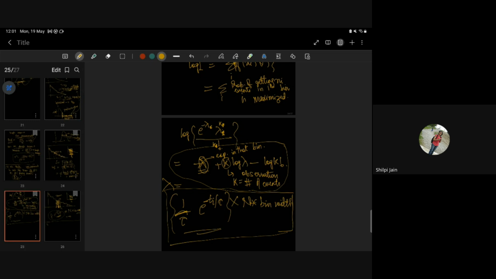Don't hesitate to share if anyone has completed writing that log likelihood term.